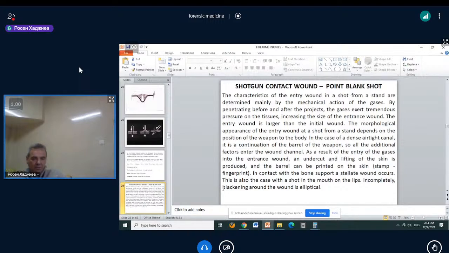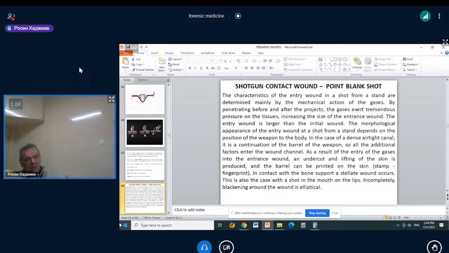Do you understand why we have this? Because of the action of the gases. The gases lift up the subcutaneous tissues and lift up the skin. This is from below. On the opposite side is the muzzle of the weapon, pressing the skin.